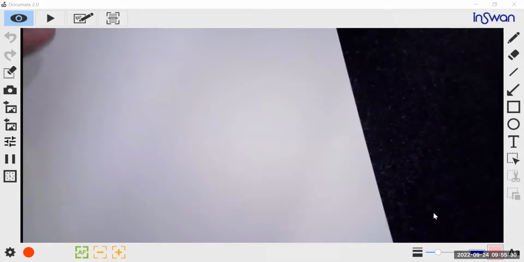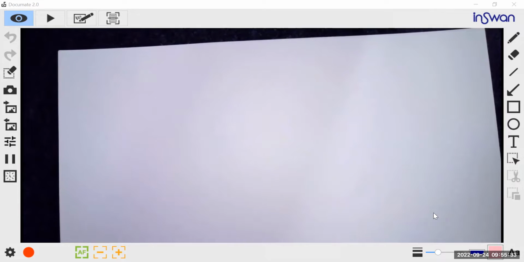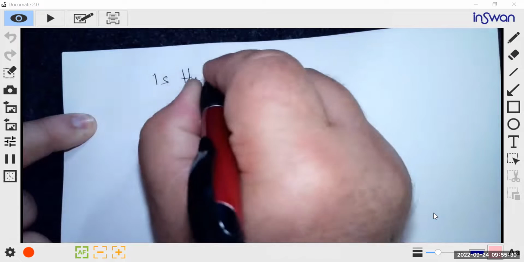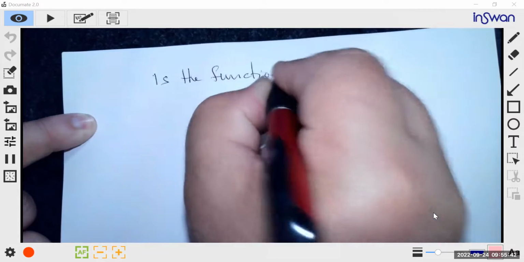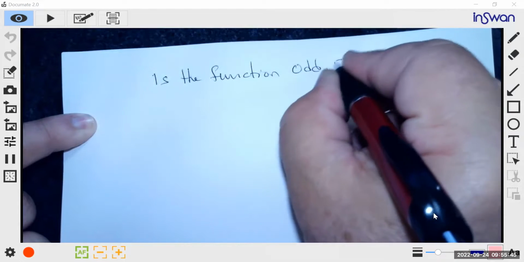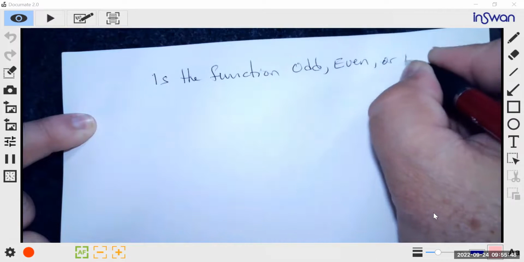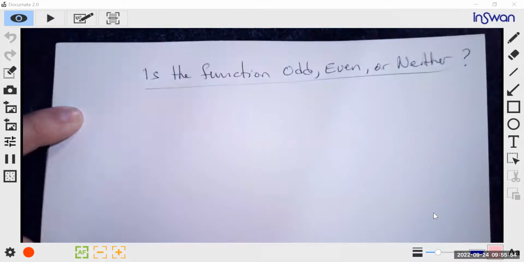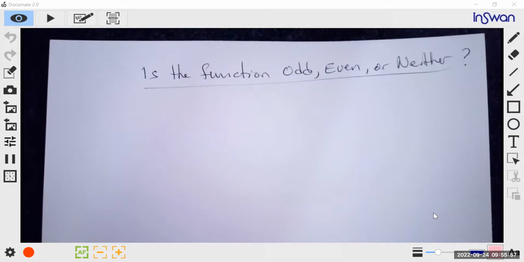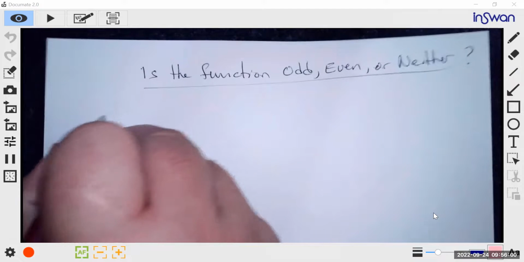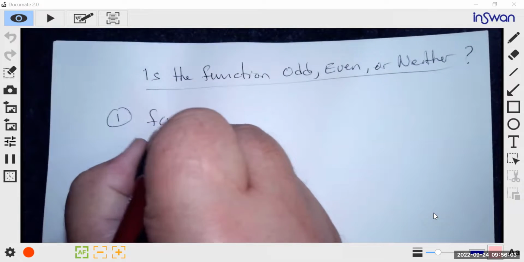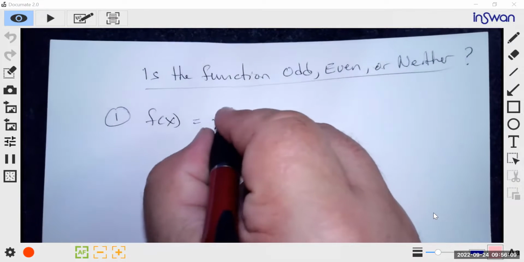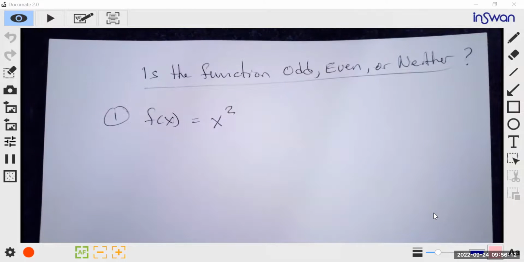Let's look at, there's a shortcut. Because if you're asked, is the function odd, even, or neither? Let's look at these. The first one: f of x equals x squared.